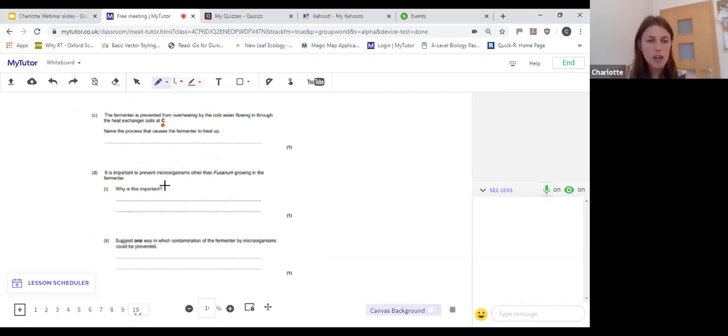And then part D, it's important to prevent microorganisms other than Fusarium growing in the fermenter. Why is this important? So suggest a reason why it's important to prevent other microorganisms growing in the fermenter. Also, suggest one way in which contamination of the fermenter by microorganisms could be prevented.